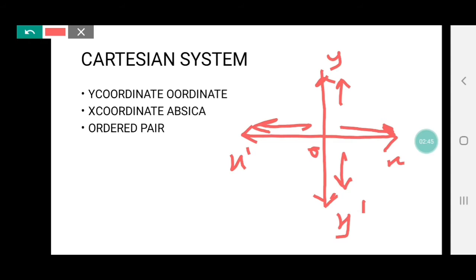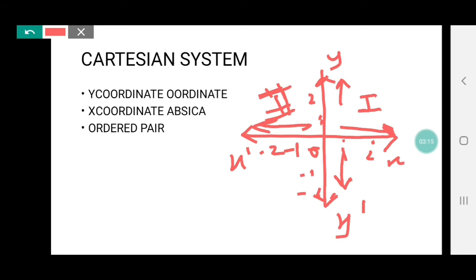Okay. Now, as I told you, these are all positive, these are negative. Here we go down, it is negative. As we move up, it is positive, right? Okay. So these two lines divide the full plane into 4 parts. The first one is known as the first quadrant, as it is moving anti-clockwise. So the second will come here. Okay.